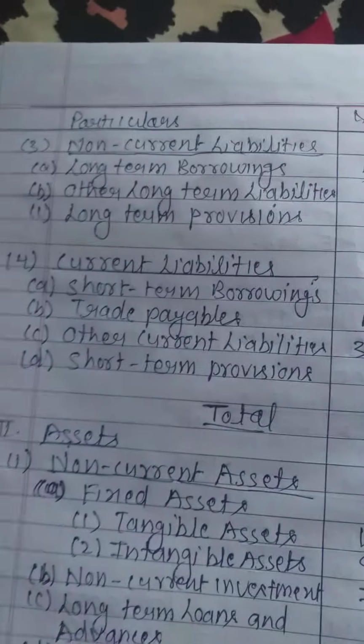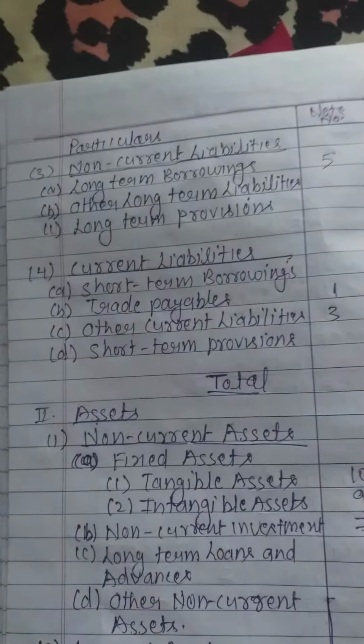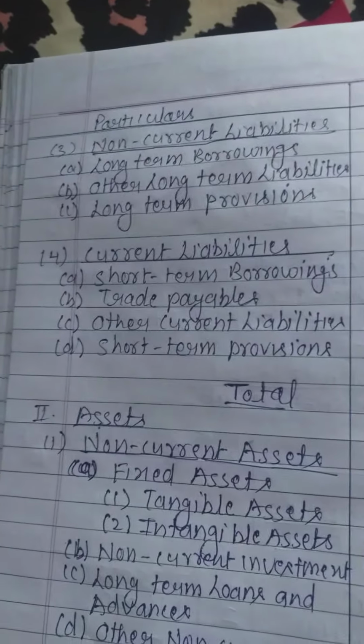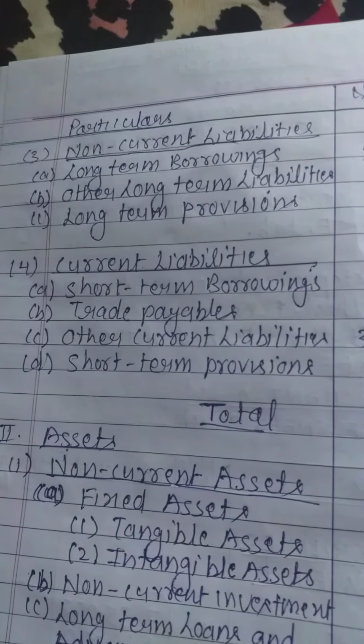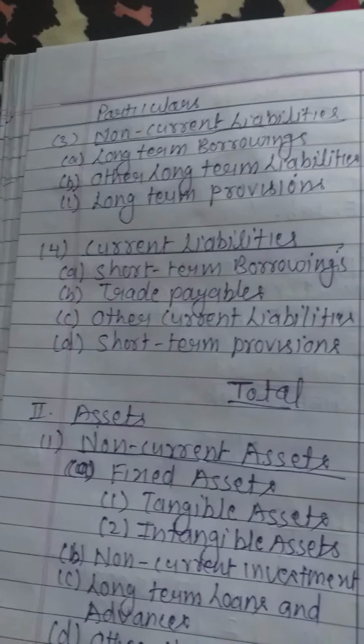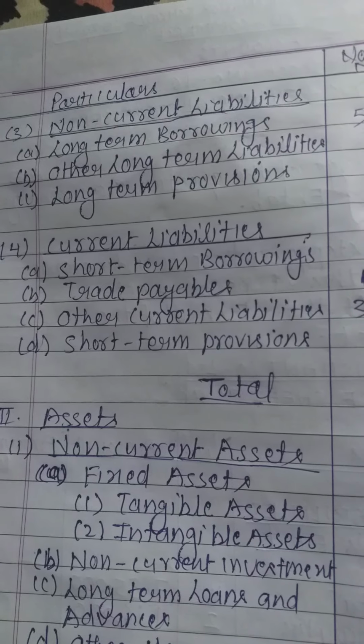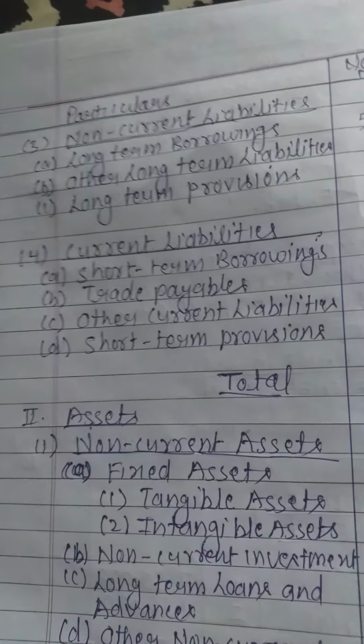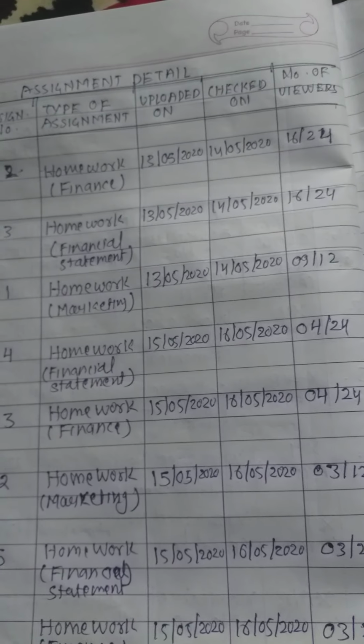See, non-current liabilities: long-term borrowings, other long-term liabilities, and long-term provisions. Is it clear?